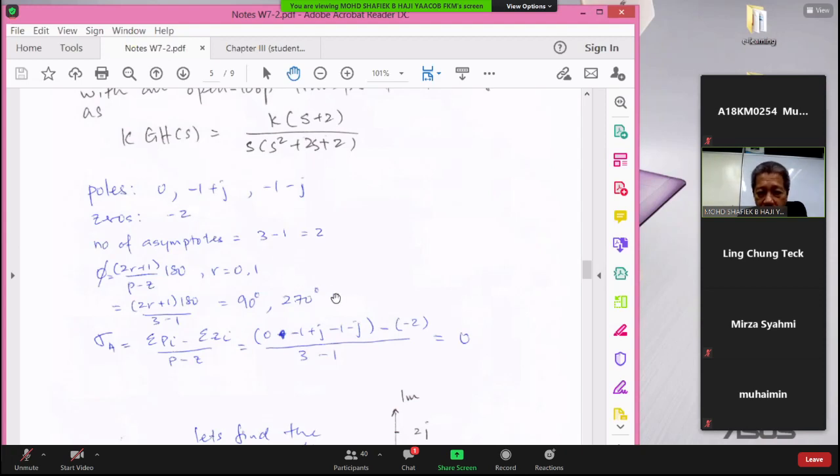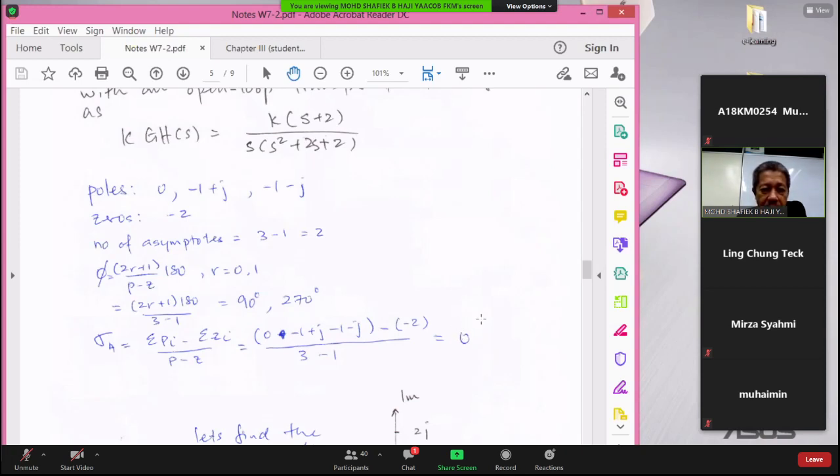Since we only have 1 zero, you have that minus -2 there. So that's 0 plus j minus j, and P is the number of poles, Z is the number of zeros, 3 minus 1. So the intersection of asymptotes happens at the origin, equals 0 here.